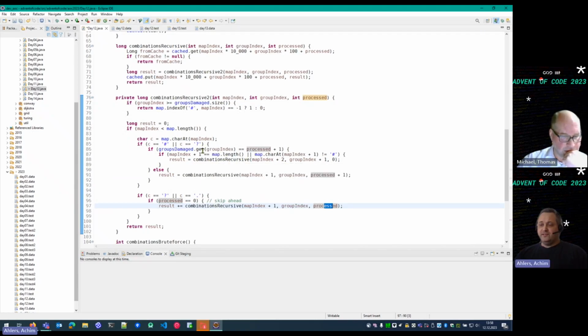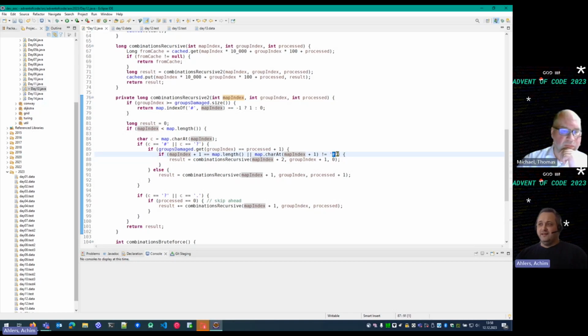Also important when we are finishing a hot spring. I forgot that. Sorry. You might notice this +2. The thing is, when we are completing a hot spring, we have to check whether the next character is a known defective hot spring. If it is, we are running with a solution that is no solution. That is important.